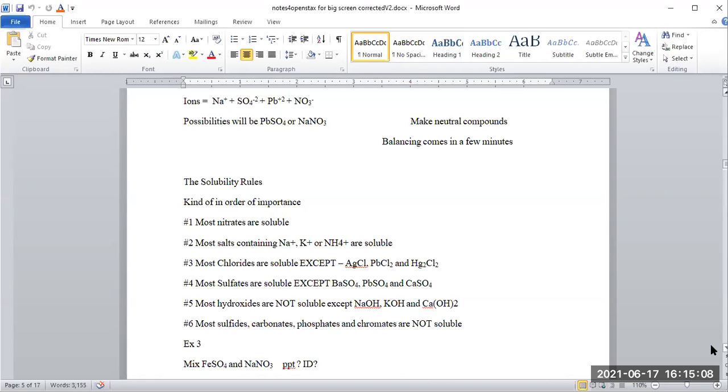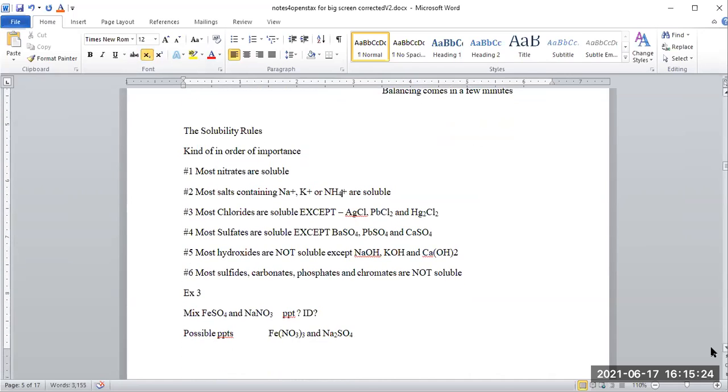Now, the second rule says most salts that have sodium, potassium, or ammonium are soluble. And let me fix my subscript here. NH4 plus. So if your molecule starts with one of those three, it is really unlikely for it to make a precipitate.